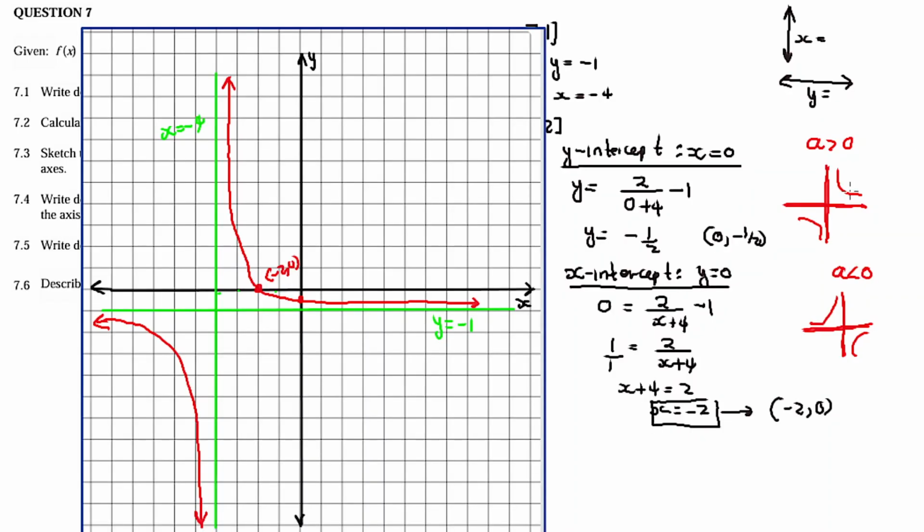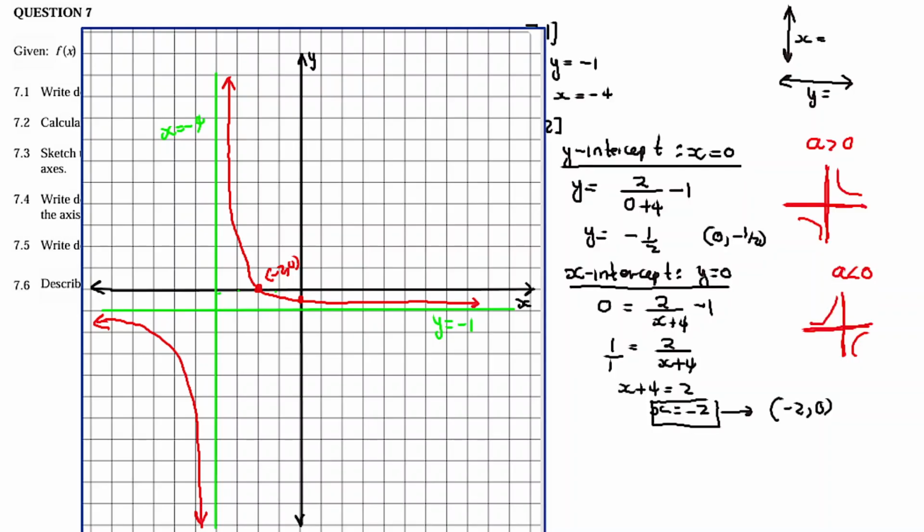Going back to this function, because A is bigger than 0, the graph is drawn like this relative to the asymptotes, not the x and y axis system.